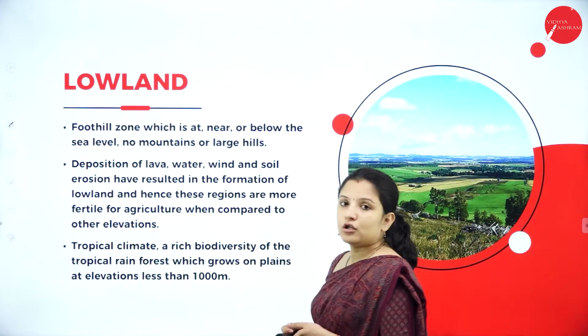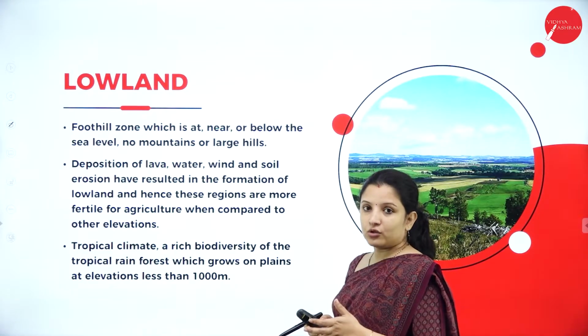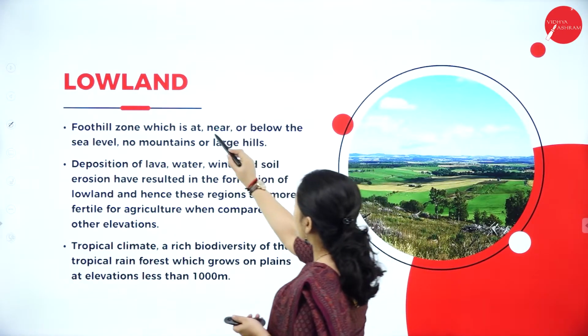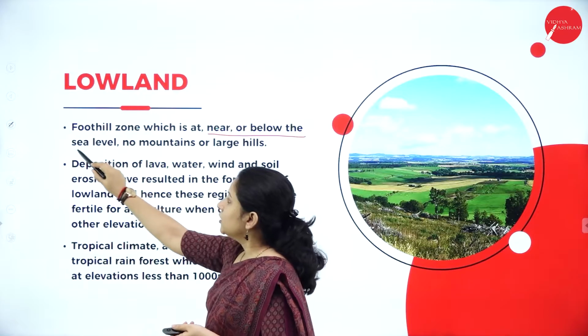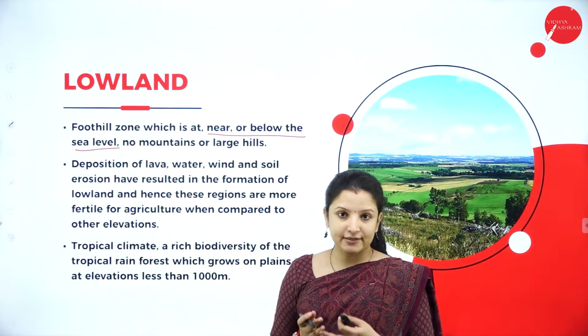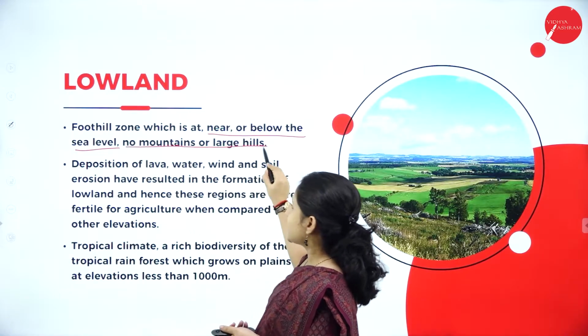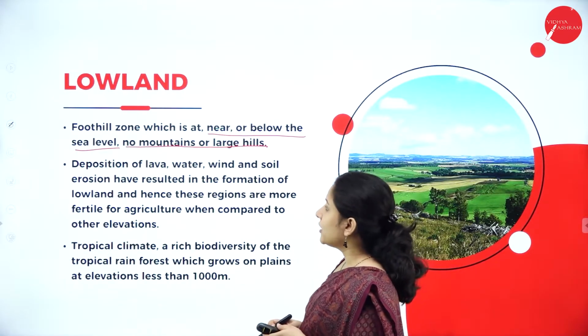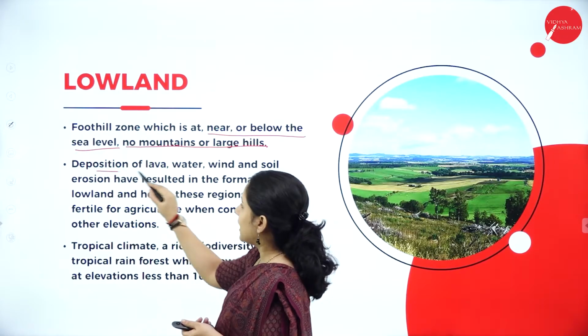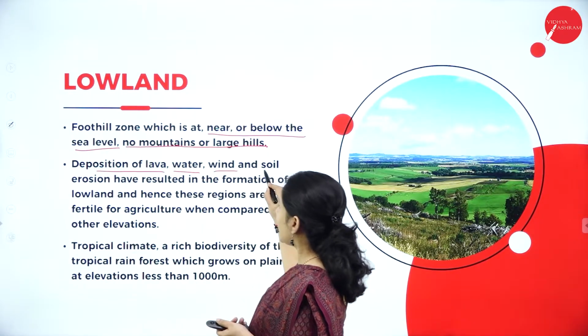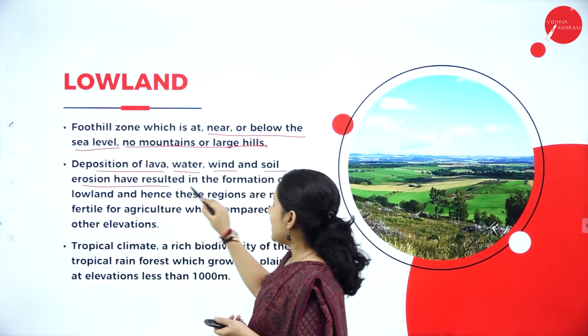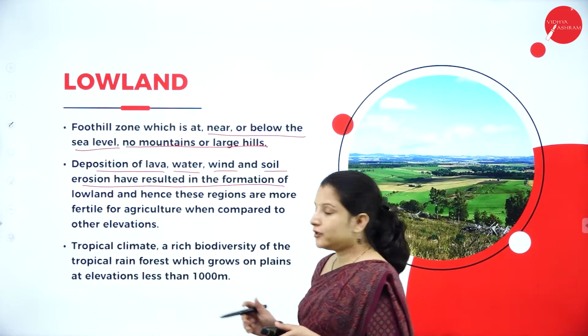Talking about lowland. The lowland zone is near or below sea level. We all are living in the lowland zone, right? There are no mountains or large hills in this zone, and the deposition of lava, water, wind and soil erosion have resulted in the formation of lowland.